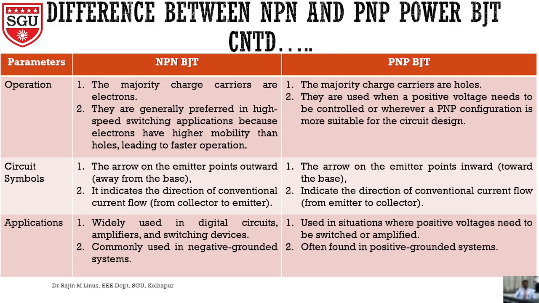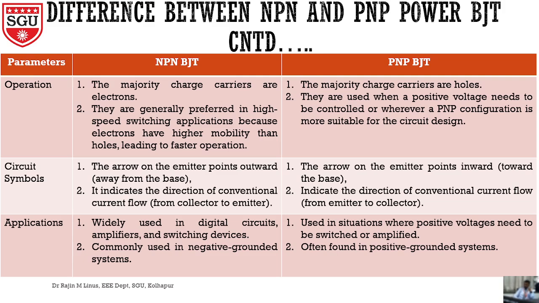Because electrons have high mobility compared with holes, so electrons move fast and the operation is fast. As the majority carriers are electrons and their mobility is high, we can use the NPN transistor for high switching speed operations.